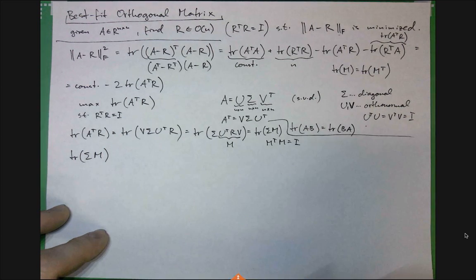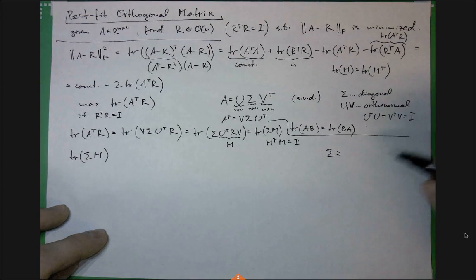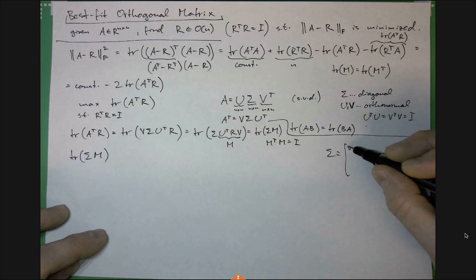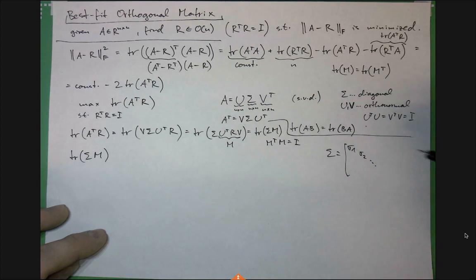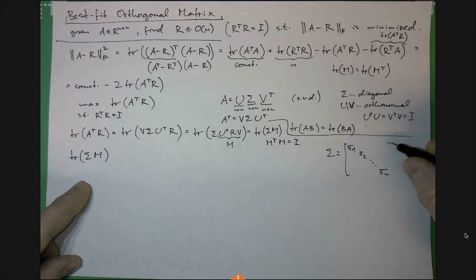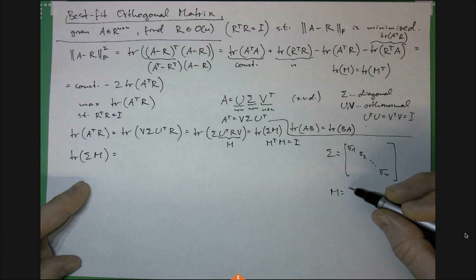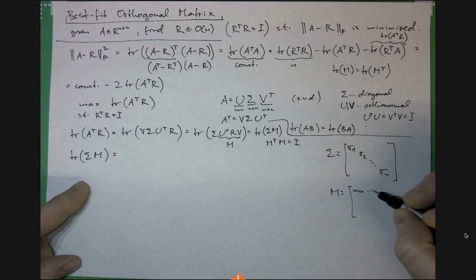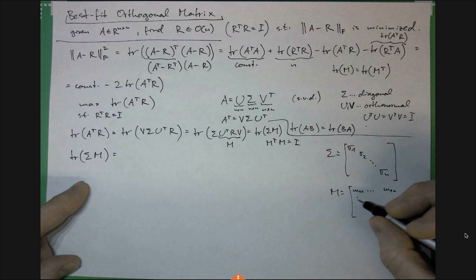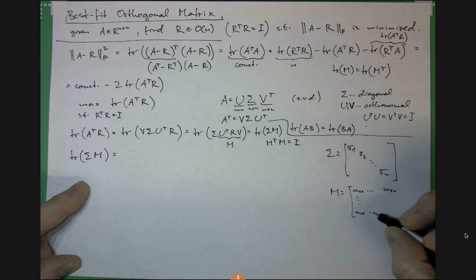Sigma was diagonal, right? Sigma looks like this. Sigma is sigma 1, sigma 2, and so on up to some sigma n. And matrix M has elements m11 and so on, m1n, mn1, mnn.